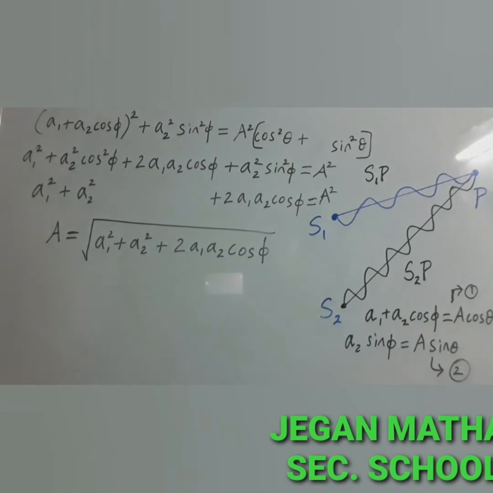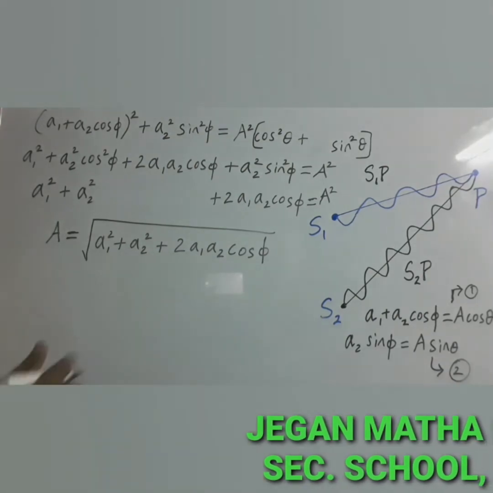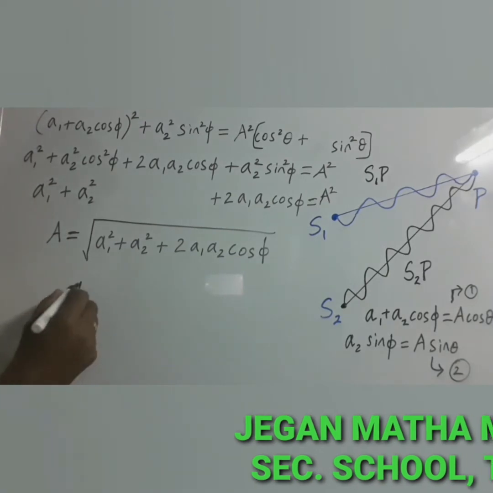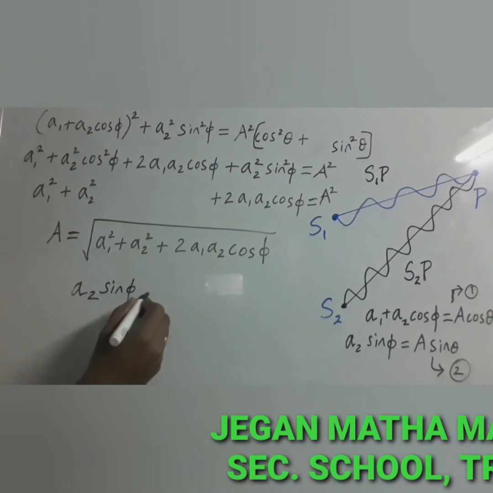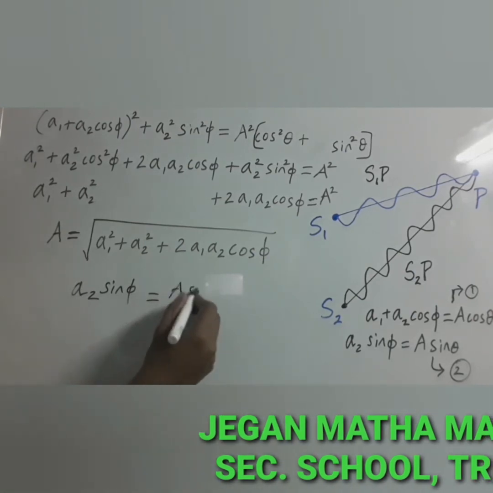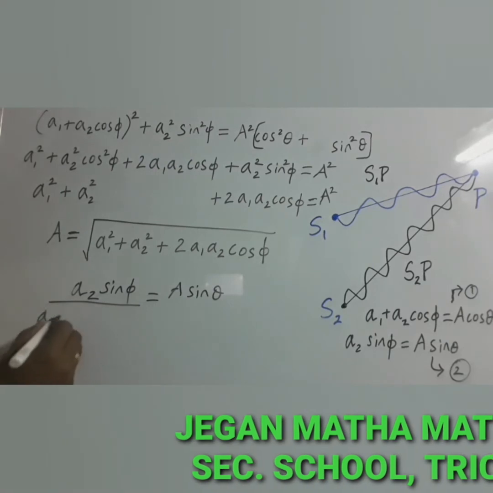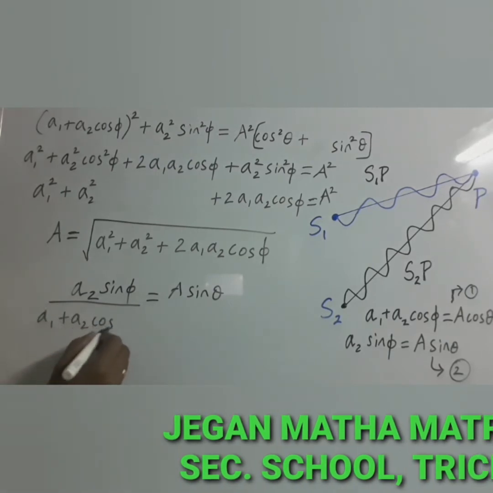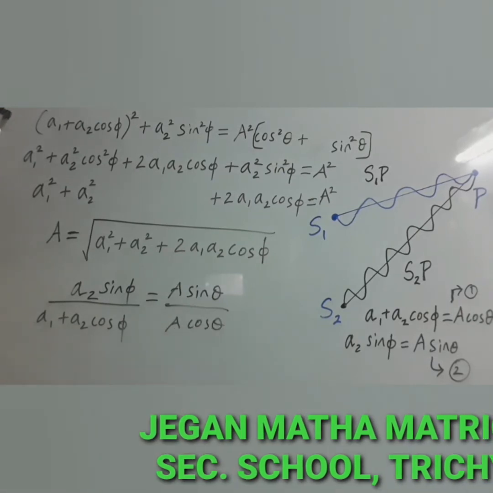Let us divide equation 2 by equation 1. So let me write equation 2 first: A2 sin phi, which is equal to A sin theta, divided by A1 plus A2 cos phi, which is equal to A cos theta.